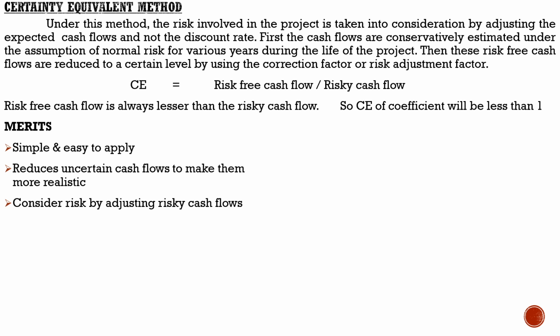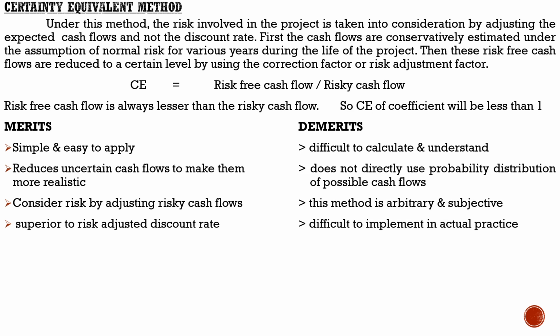So you need to adjust the cash flows rather than the return on investment. So in this method, it considers risk by adjusting risky cash flows. Superior to risk adjusted discount rate, as we have mentioned now.